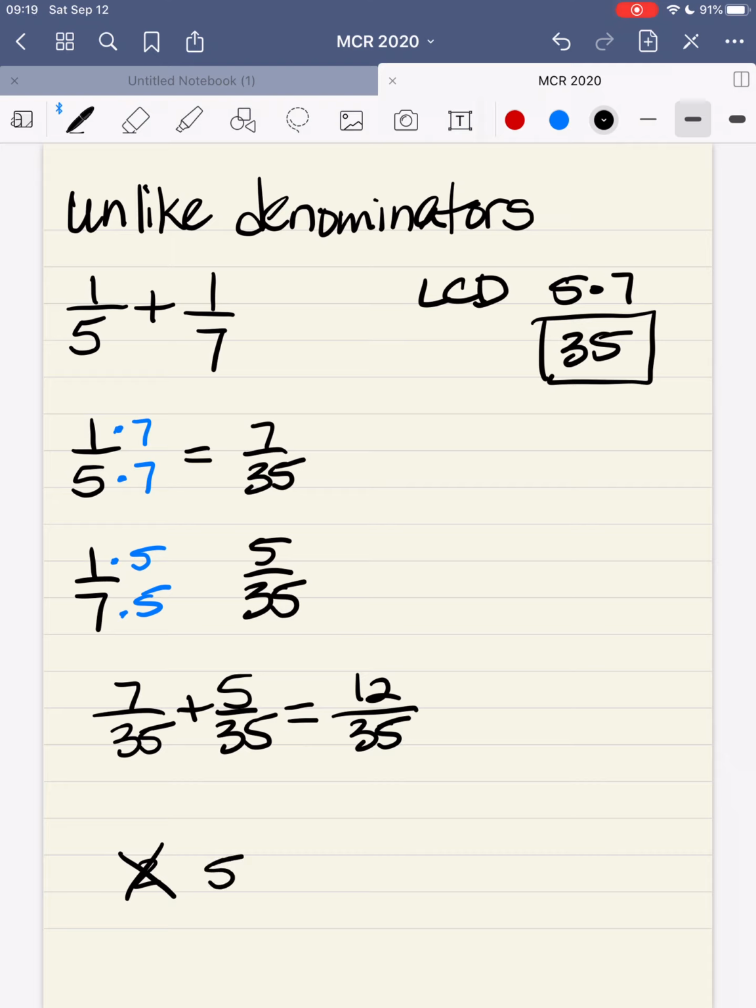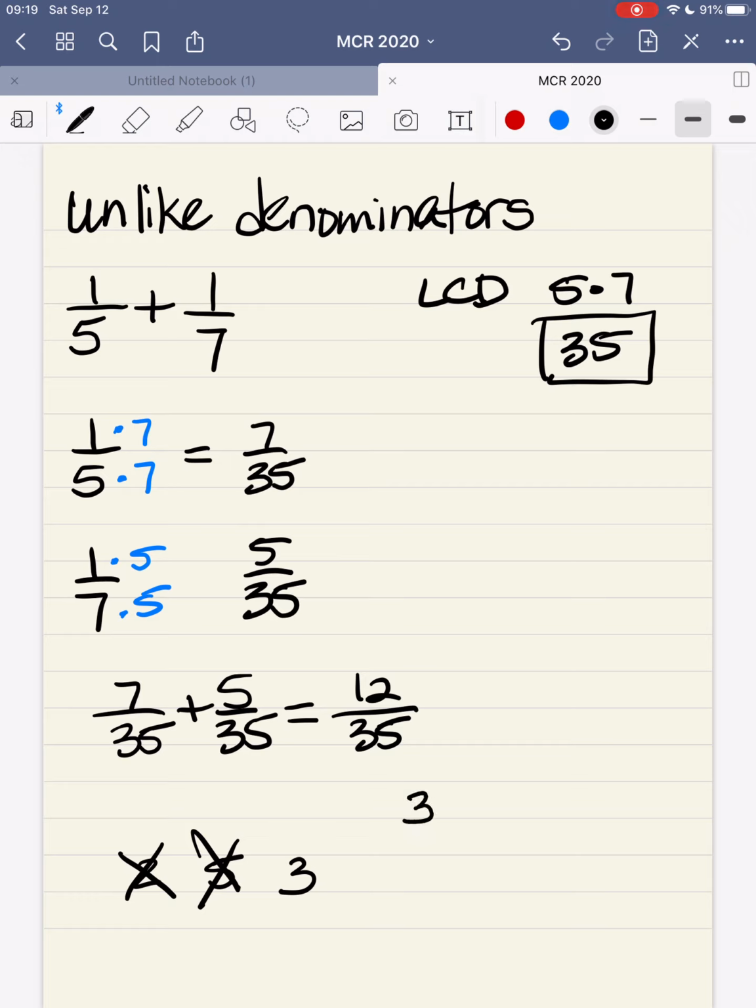A number that ends in 5 or 0 is simplifiable by 5. 35 ends in 5, but 12 ends in 2. So it's not divisible by 5. And let's look at 3. How do I know something's divisible by 3? Okay. 12 is divisible by 3, but is 35 divisible by 3? Remember, they have to be the same number.